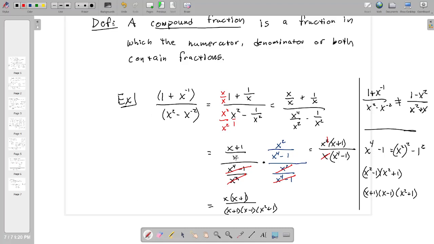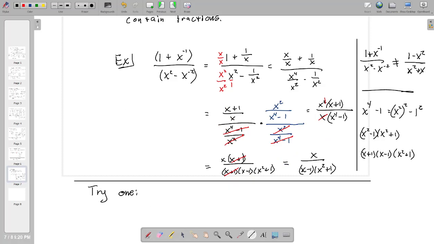And then we can cancel x plus 1 and x plus 1. We simplify further to be x over x minus 1, x squared plus 1.